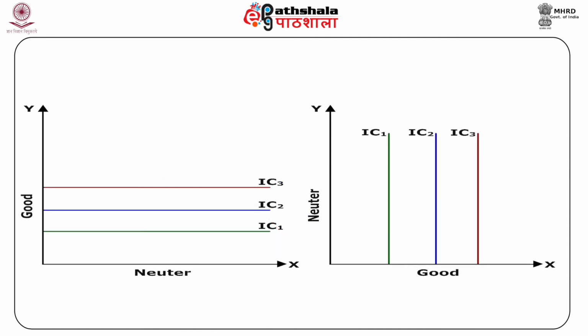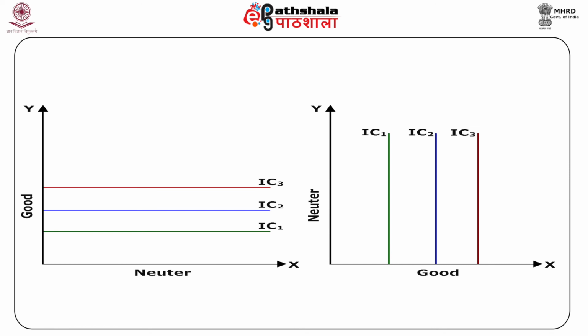In the case of neutrals or neutral goods, the consumer does not care whether he has more or less of that commodity. In other words, the marginal utility of such a commodity is zero and it does not provide any satisfaction to the consumer.